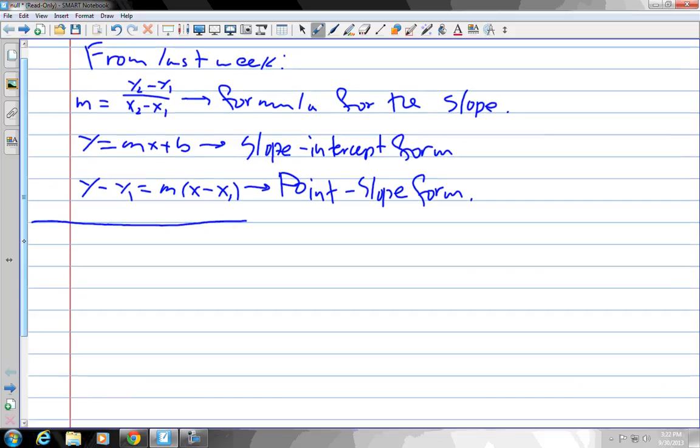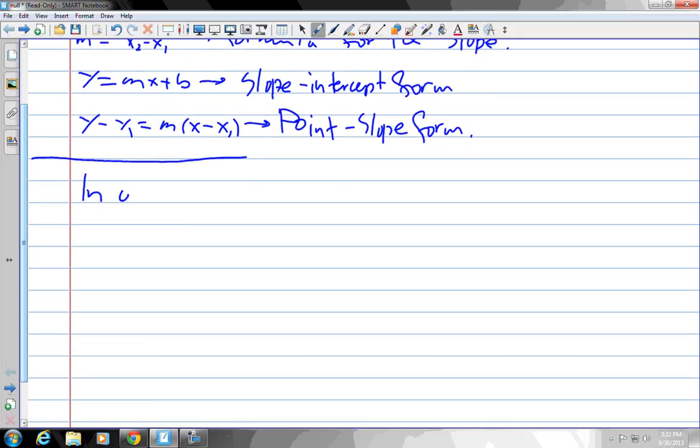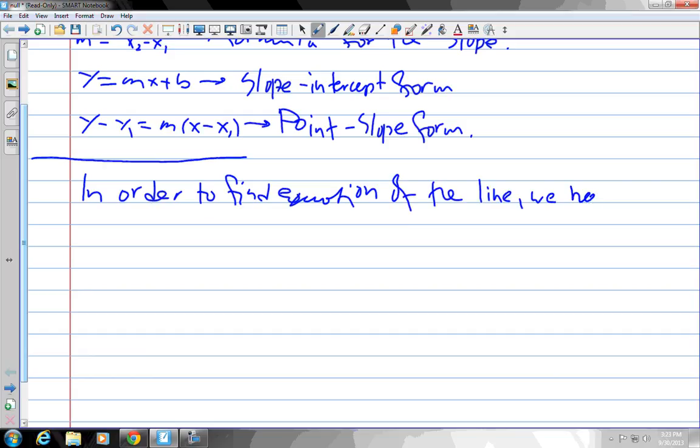So we agreed last week that in order to find the equation of a line, you need two things. You need the slope and you need a point on that line. And that will basically do it 90% of the time. So we always need two things.